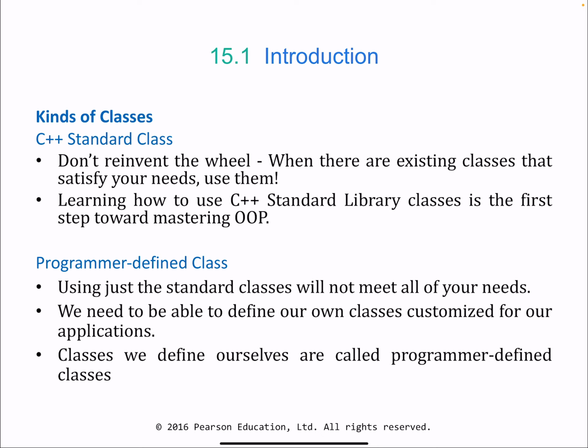If there is already an existing class in the C++ standard library, you should use it. Don't make your own. It's already tested, verified. You should use that. And that's why it is very important for you to familiarize yourself with what's in the standard library already, and use those classes whenever you can.